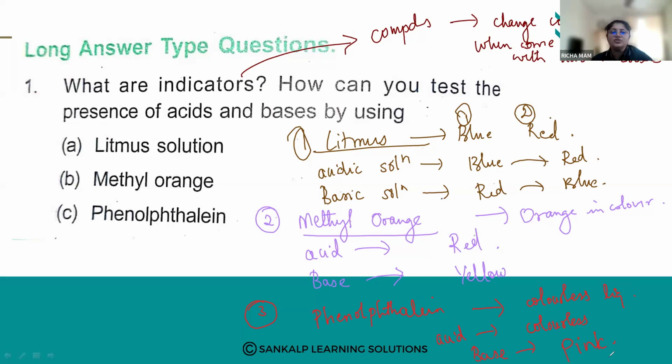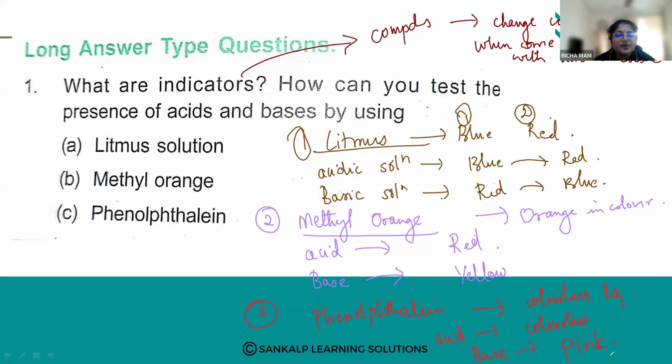So what are indicators? These are the compounds which will change color when they come in contact with the acid or bases. Litmus solution is like a purple dye. Basically two types of litmus are present, blue litmus and red litmus. If you have an acidic solution, blue litmus will turn into red. If you have a basic solution, red litmus will turn into blue. Methyl orange is originally orange in color.